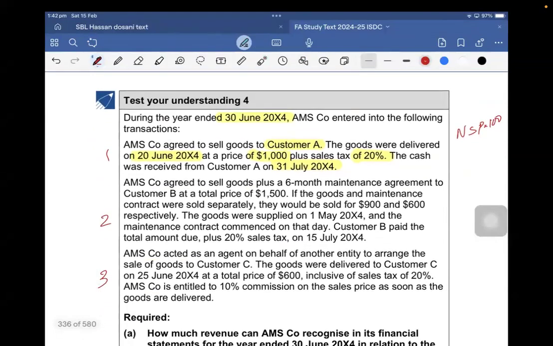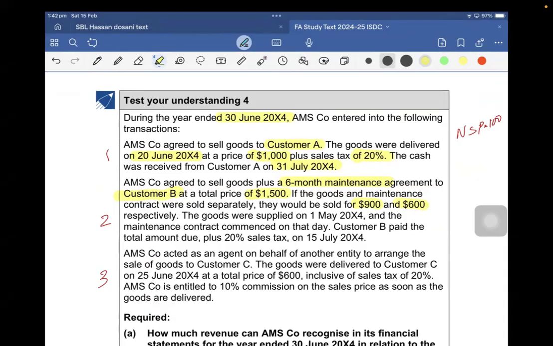Next one. AMS company agreed to sell goods plus a 6-month maintenance agreement to customer B with a total price of 1500. If the goods and maintenance contract were sold separately, they would be 900 and 600 respectively. Understood?